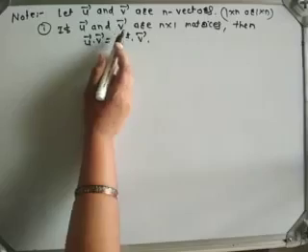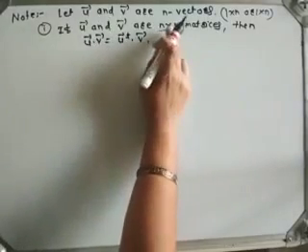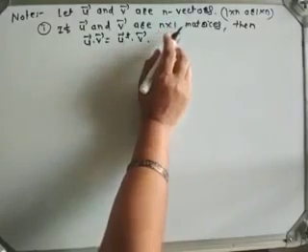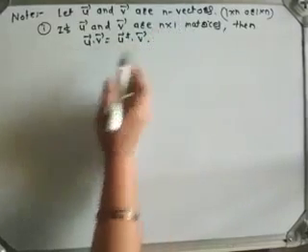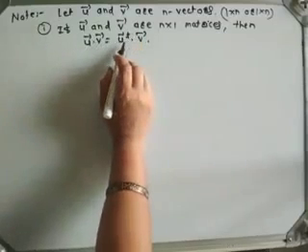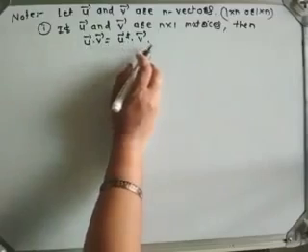See here, u bar and v bar are n by 1 matrices, that is, the number of rows is n and the number of columns is 1. Then u bar dot v bar is equal to u bar transpose v bar.